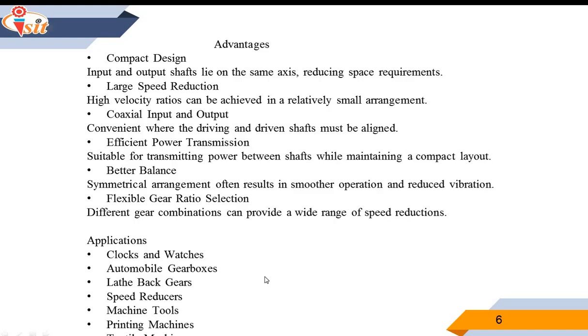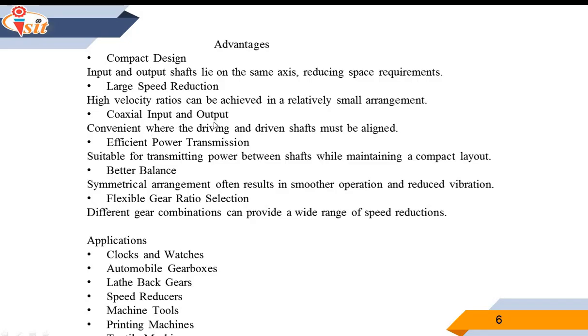The advantages of this reverted gear train are that it is compact in design because input and output shafts lie on the same axis, reducing the space requirement. Again, the second advantage is large speed reduction, so a high velocity ratio can be achieved in a relatively small arrangement.